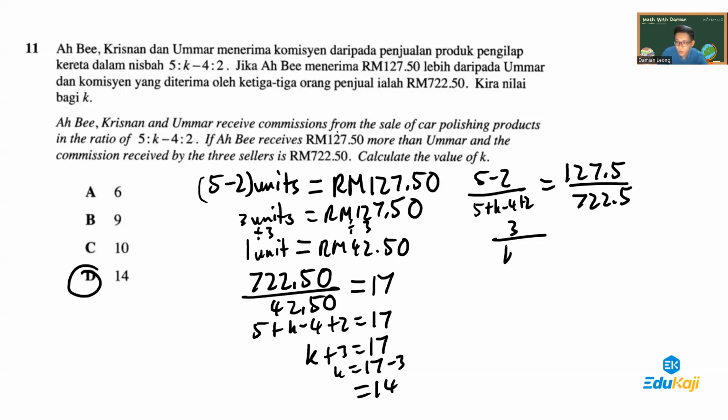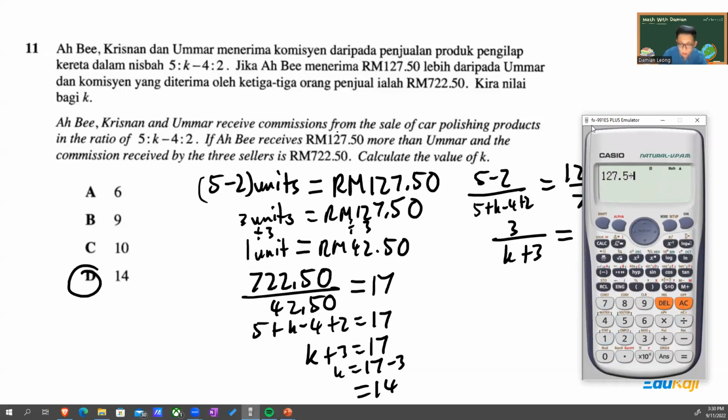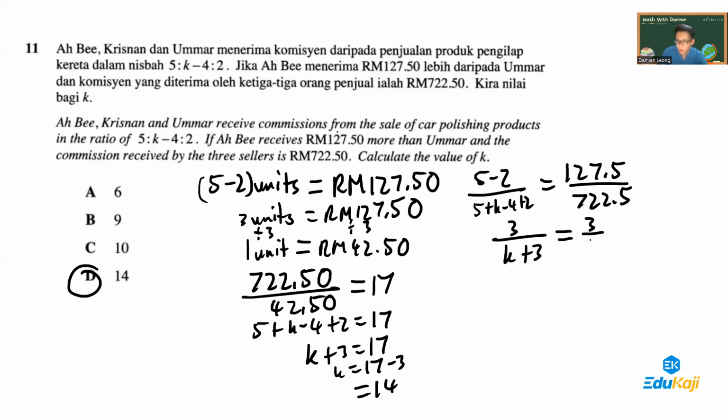Yeah, 3 over k plus 3 is 3 over 17, then k plus 3 is 17, k is 17 minus 3, which is 14. This method is shorter. However, you need to understand that the ratio between the parts, the units in the ratio, and the actual value is the same. So either way is fine. You can use different methods to solve, it's okay.